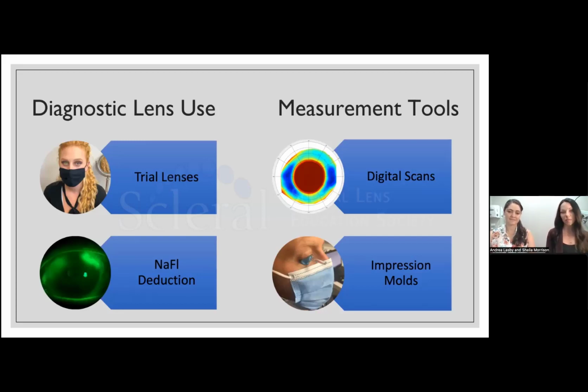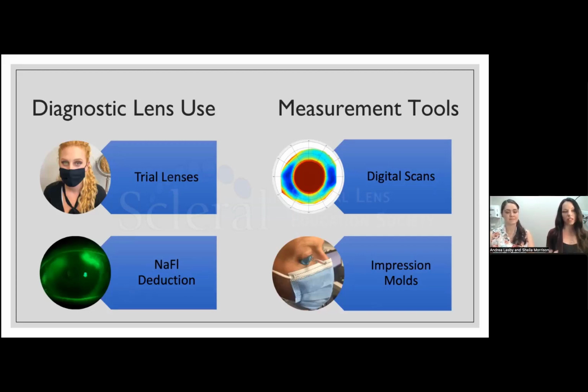Digital scans are catching up though, which is kind of a neat thing coming down the pipes as the tech gets better in translating data when we scan an eye, say, take a corneal topography or a full ocular surface topography. The limiting factor in the past has really been how do we get all those pieces of information into a lens, whereas an impression actually has that shape, is scanned, and has just a different process.